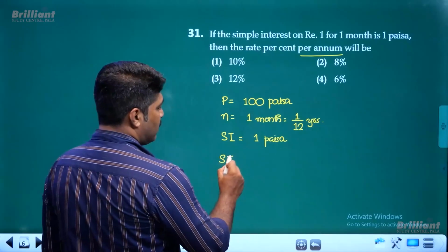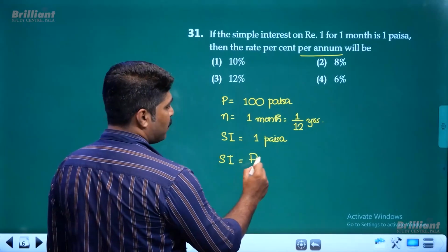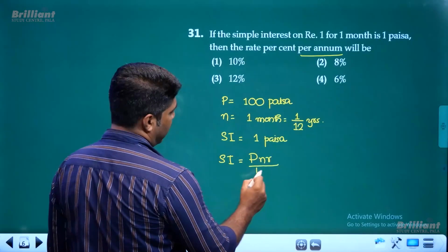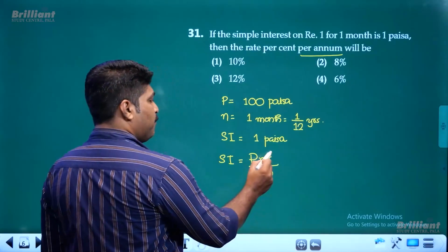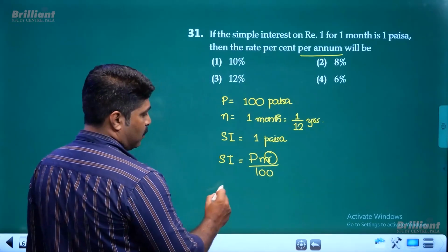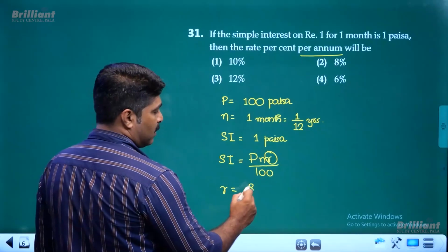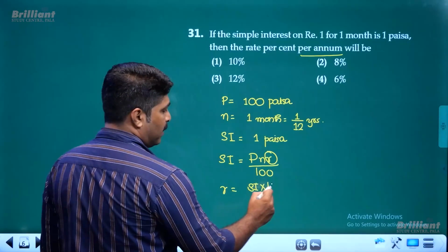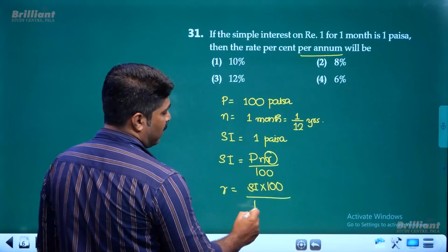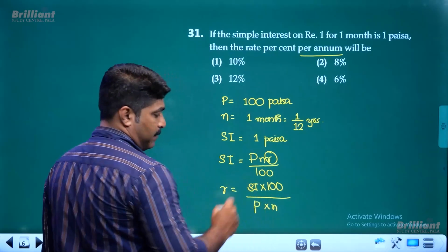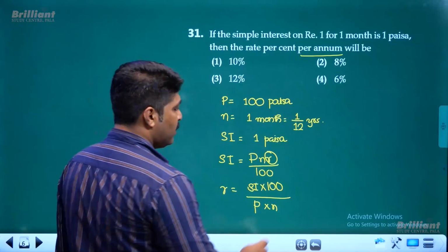As we know, simple interest is equal to PNR by 100. If you need to find R, we can rearrange this: R equals simple interest into 100 divided by P into N. How can we apply these values here?